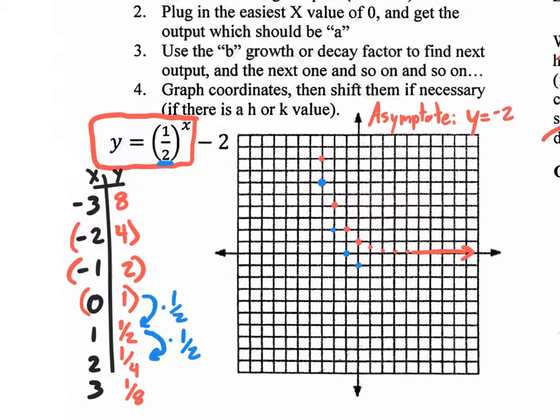Now, again, why did I identify the asymptote right from the start? We said y equals -2. That way you could specifically know the asymptote of the final graph, which is right here, y equals -2.